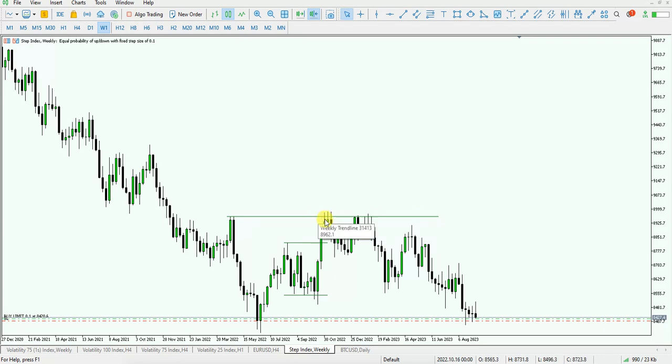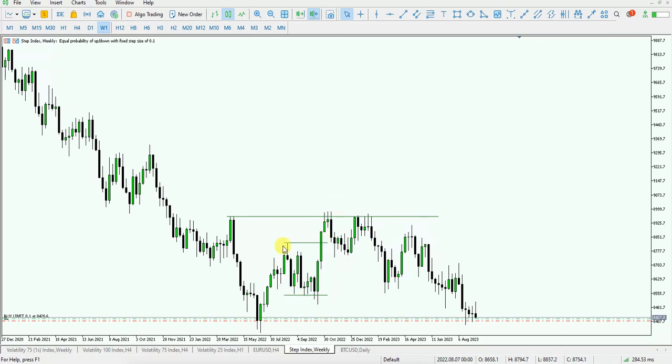So you could see clearly that price actually raided the high in here with a little bit of wicks to the upside. So obviously we know that the structure of the market shifted from a bearish movement to a bullish movement on the weekly.